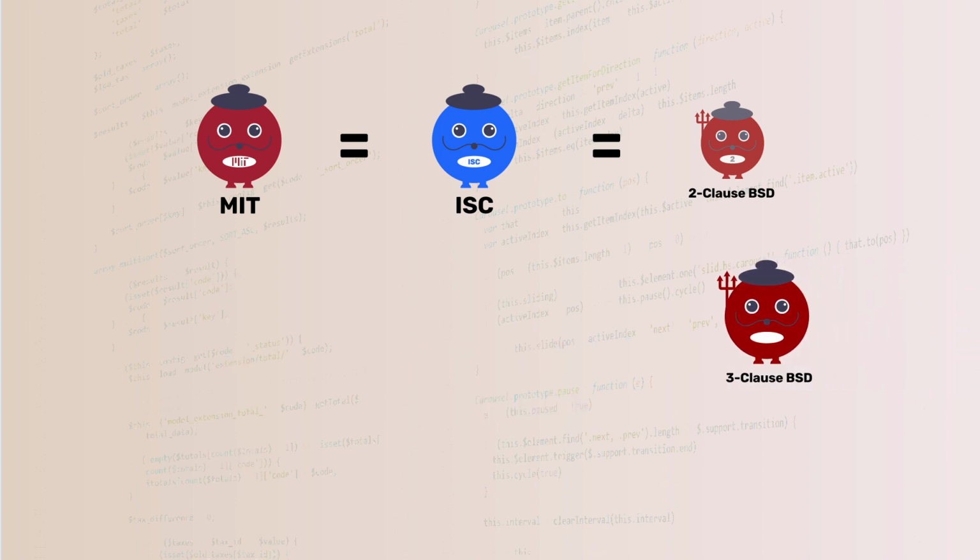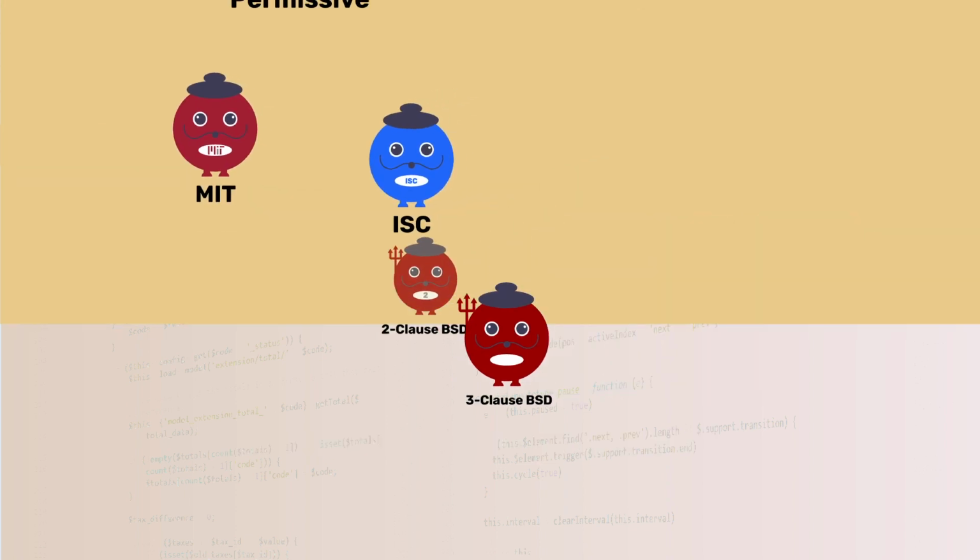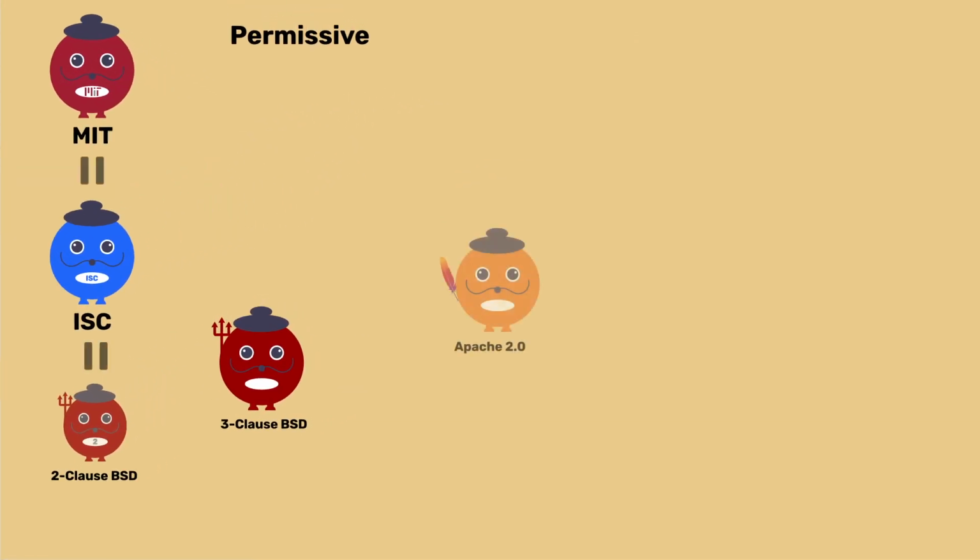The 3-clause BSD license has one clause in addition to the 2-clause. It doesn't allow endorsing or promoting products using the name of the copyright holders or contributors. Go language uses 3-clause BSD. Apache 2 lays down the grant of patent rights explicitly while using, modifying, or distributing.